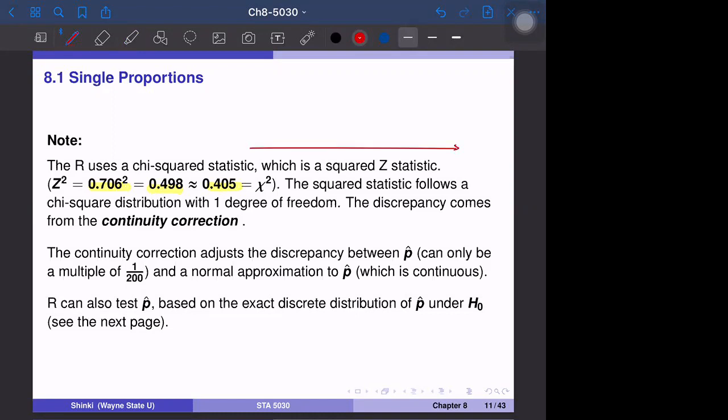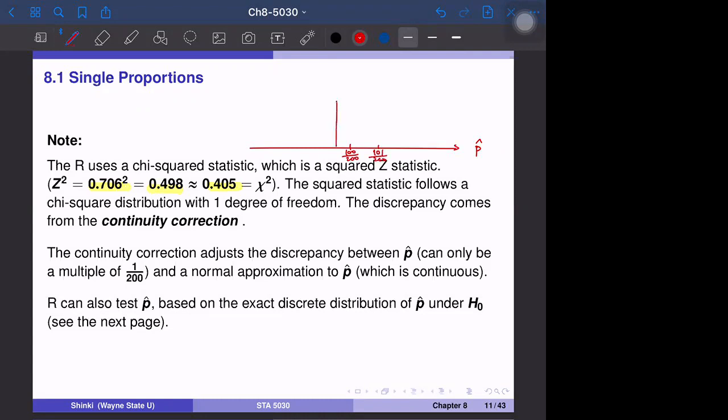Originally we have the sample proportion, but if we think about 200 times the sample proportion, the sample proportion itself ranges from 0 to 1, but the increment is 1 over 200. So possible values, for example, 100 over 200 is possible, but the next possible value is 101 over 200.